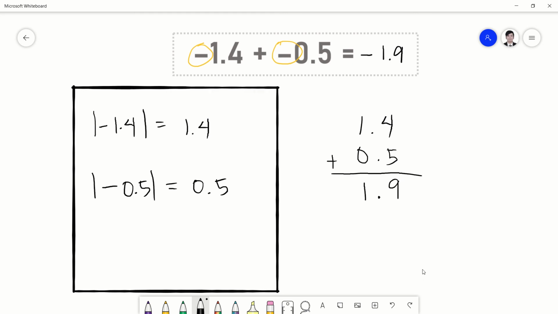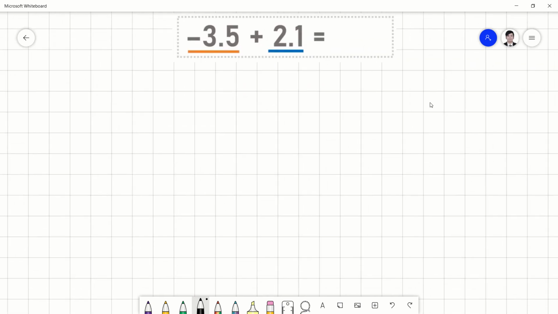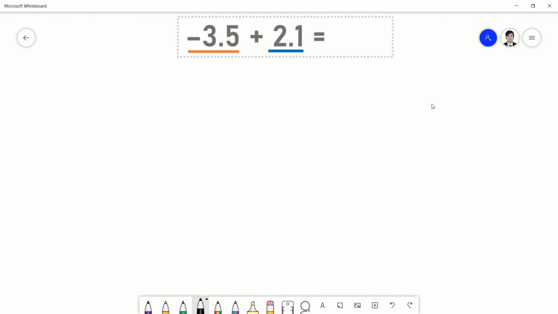Let's try another example. We have here negative 3.5 plus 2.1. If you notice, the signs now are different. This is negative, so I would like to highlight that. This is negative, and this is positive, 2.1.